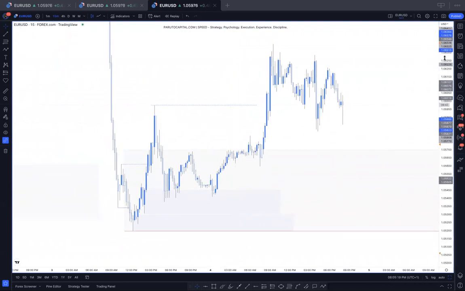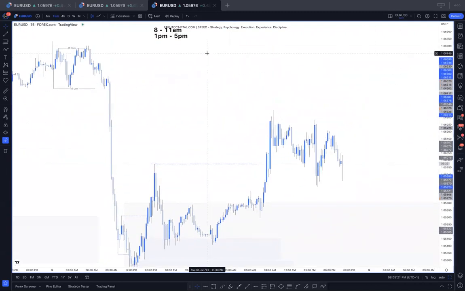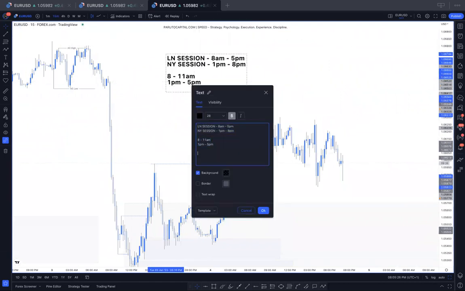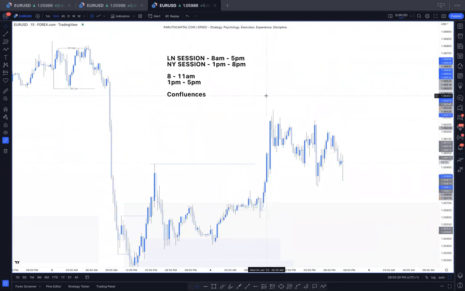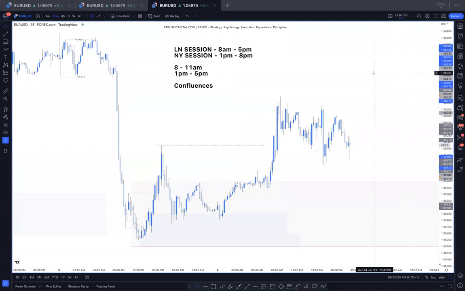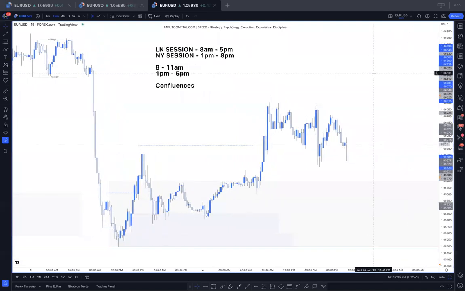Now, there's something called confluences that I use to trade, right? Confluence means what do I want to see before I take a position. There has to be something that you see, and that's what we're driving at. Eventually, I'm going to show you my setup for trading, my trade plan, my strategy and all of that. So confluence simply means what do you need to see before you take a trade?